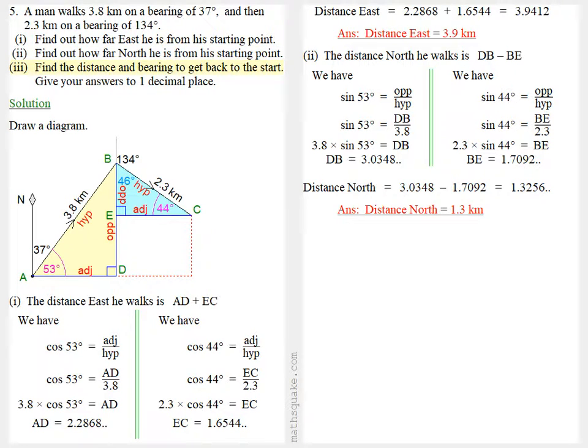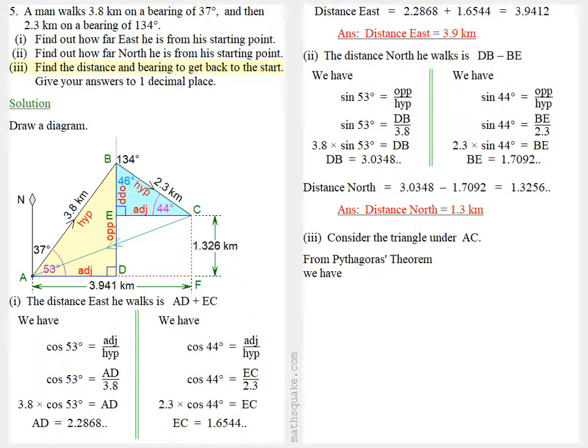In part 3, we're asked to find the distance and bearing that he needs to make to get back. So we need to consider the triangle ACF. Now we know AF is 3.941 kilometres, and we know CF is 1.326 kilometres.